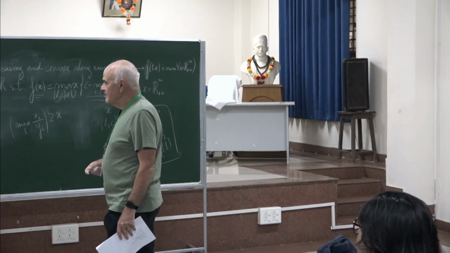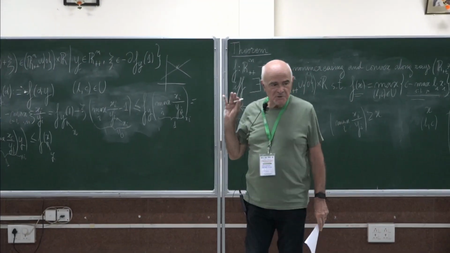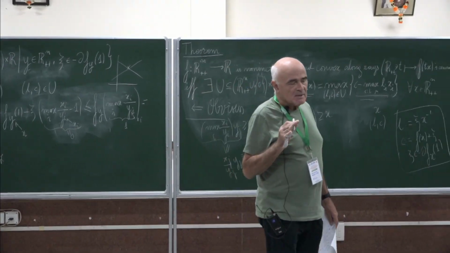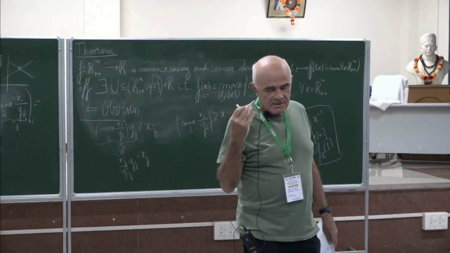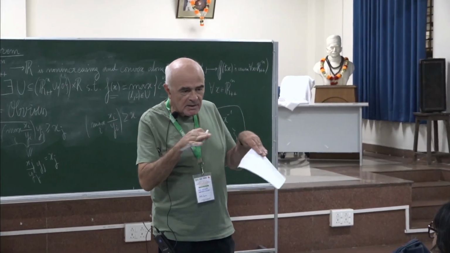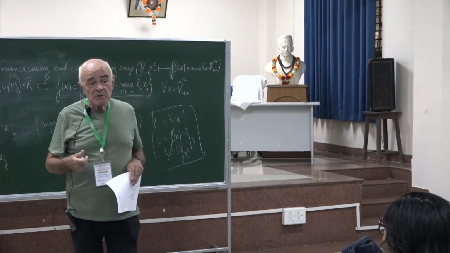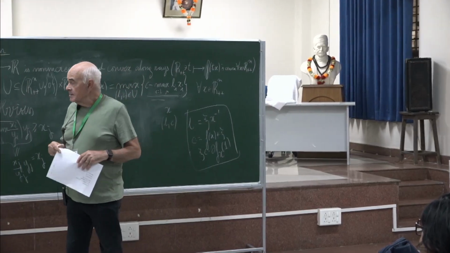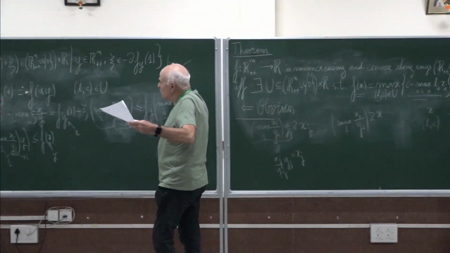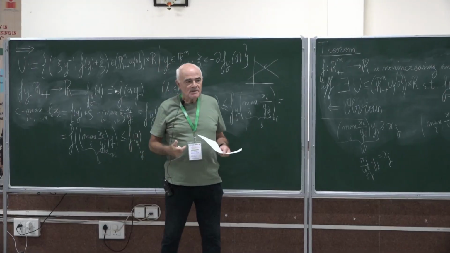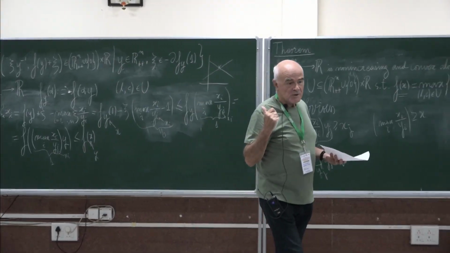It looks a little bit mysterious. But how do you get such things? You are working on the problem and then you play. A previous question is, how were you so smart to realize that this U works?